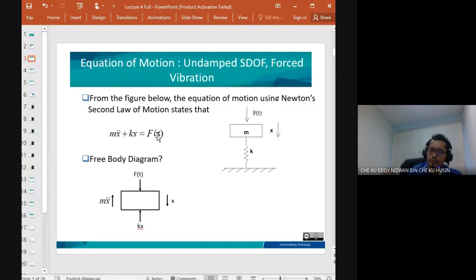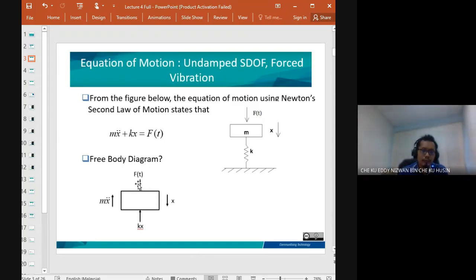It can be a step function, a constant force, or the most common topic in this subject, which is harmonic excitation. Harmonic means the force will be a function of sine or cosine.